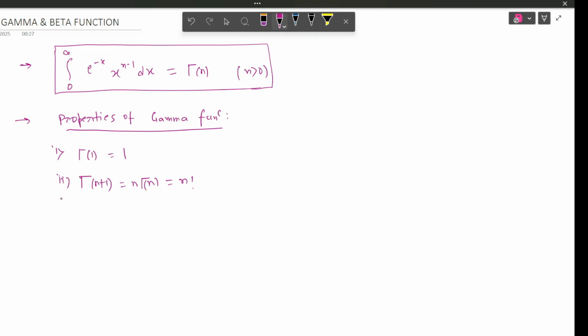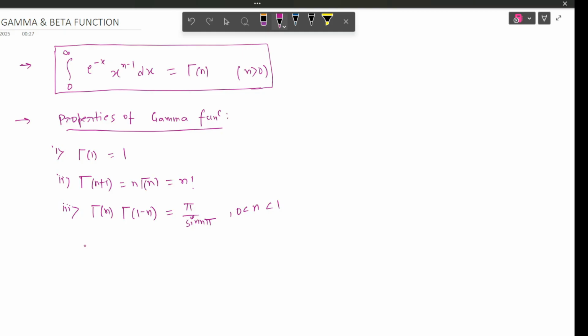Now our property number 3 is gamma n, gamma 1 minus n is pi by sine n pi, where n is between 0 to 1.